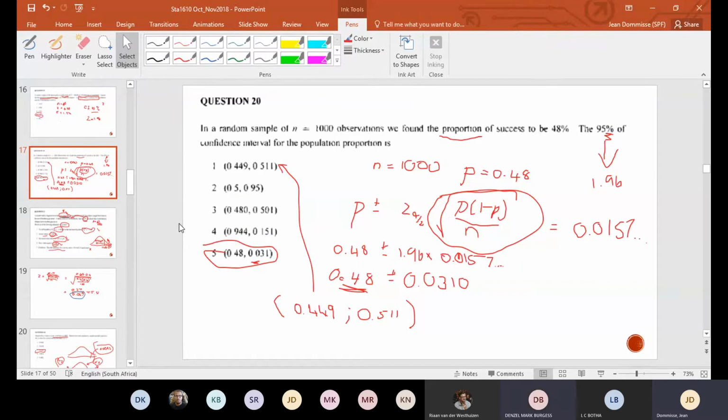So Gene, just check, because your 2019 paper was a 90% confidence interval and your 2018 was a 95%. There's a difference. Wait, which paper?